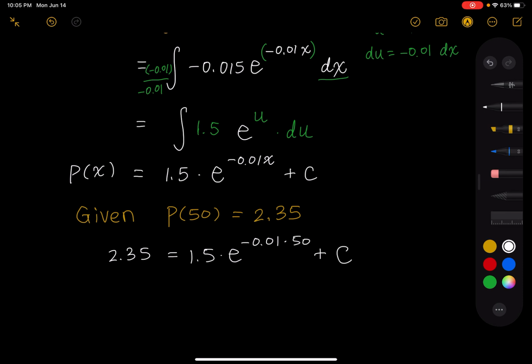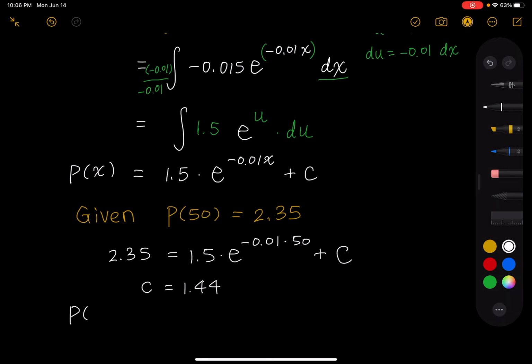So in that case, we can solve for c, and it's just simple algebra. C will equal 1.44, and it's approximate. So once we have c, we can plug it into the price function.